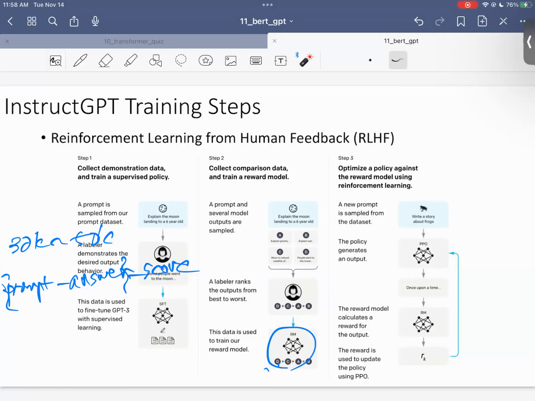Based on that signal, it runs a reinforcement learning algorithm called PPO, proximal policy optimization or something like that. It's a policy gradient algorithm that you can use to fine-tune GPT-3 using the reward model as a simulator, and that's it.